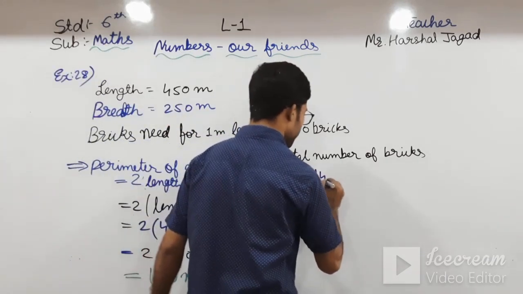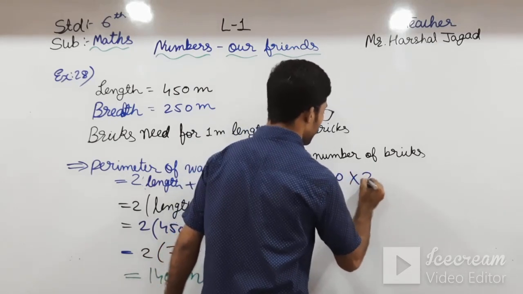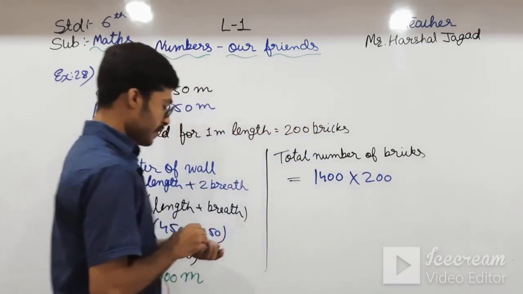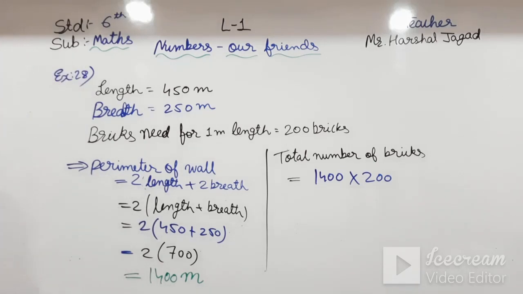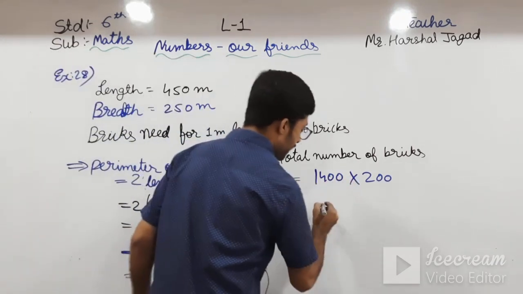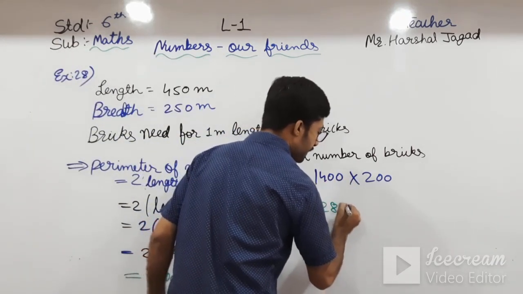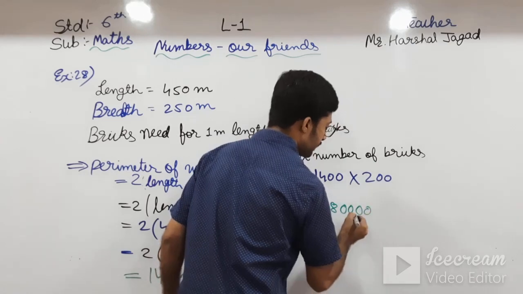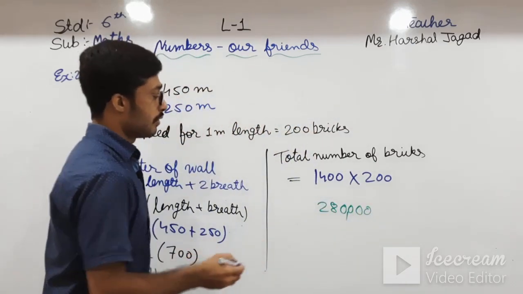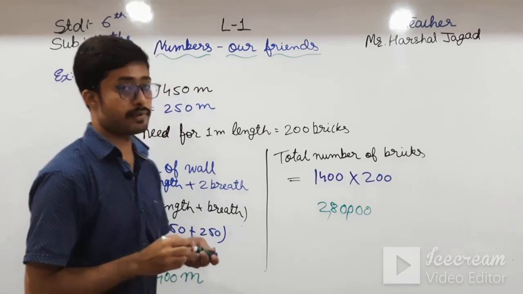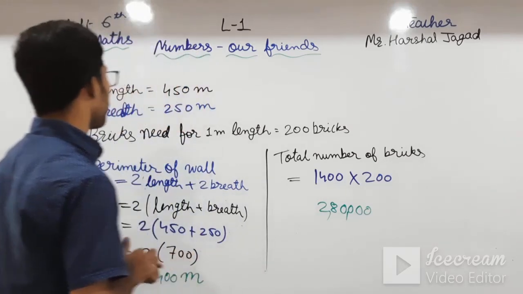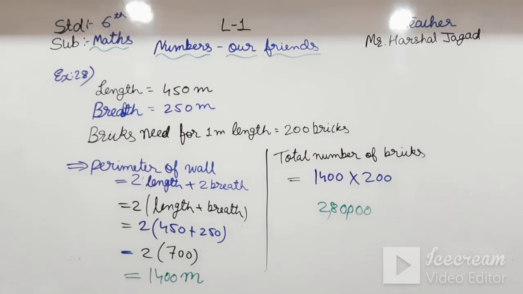So 1400 into 200. Okay students, so what will be the answer? 14 2s are 28. Okay students, so 2,80,000 bricks will be required for building that wall. Please note down this, students.